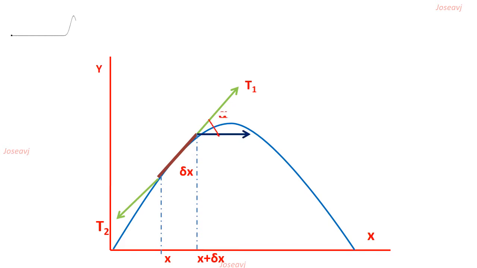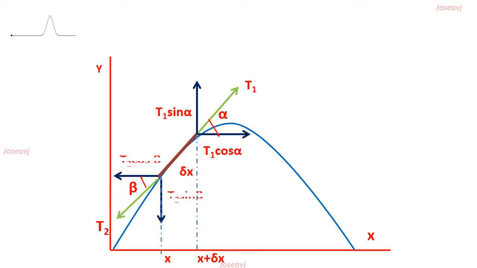T1 makes an angle alpha with the horizontal and T2 makes an angle beta with the horizontal. On resolving T1 and T2, we get T1 sin alpha and T1 cos alpha as the components of T1. The components of T2 are T2 cos beta and T2 sin beta.